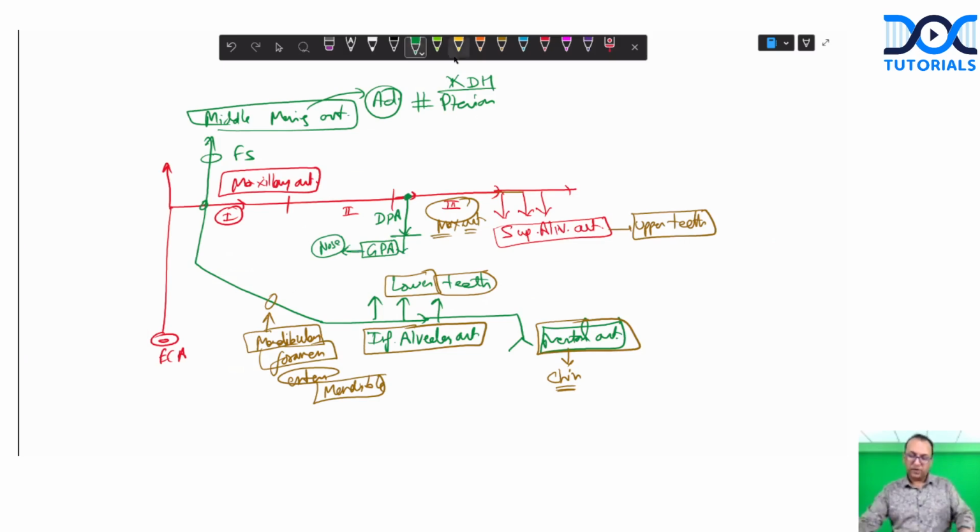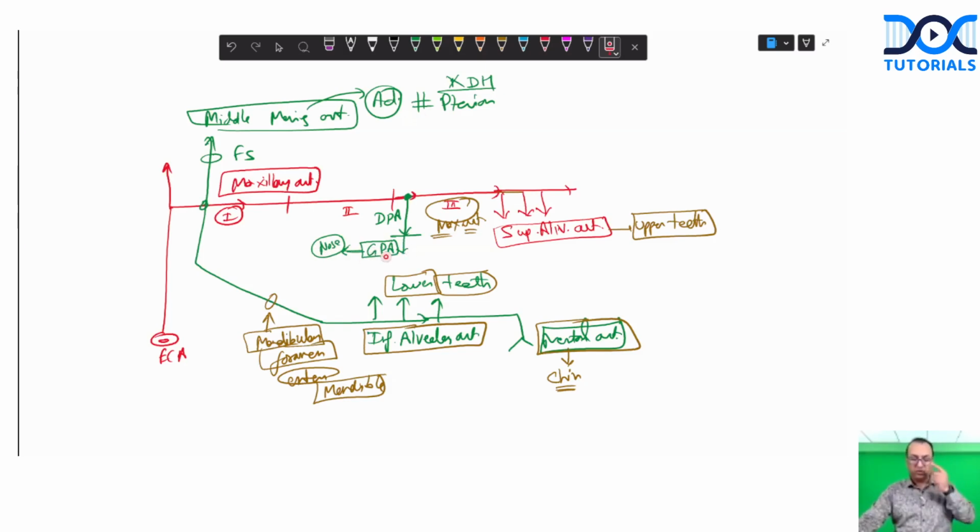So I'll repeat: from the third part of the maxillary artery comes the descending palatine artery, which supplied the palatine tonsil. This descending palatine artery gave the greater palatine artery, and the greater palatine artery supplies the nose. When I say nose, it will supply Little's area of epistaxis also.